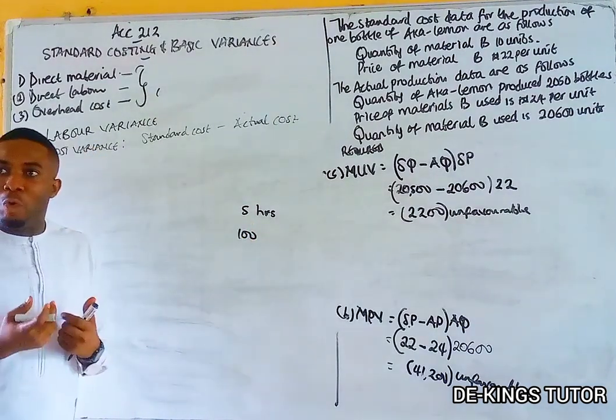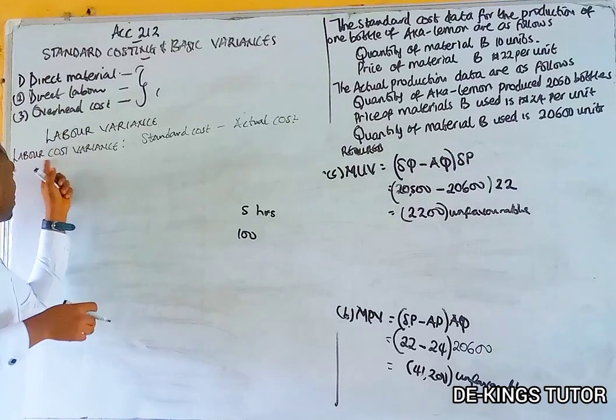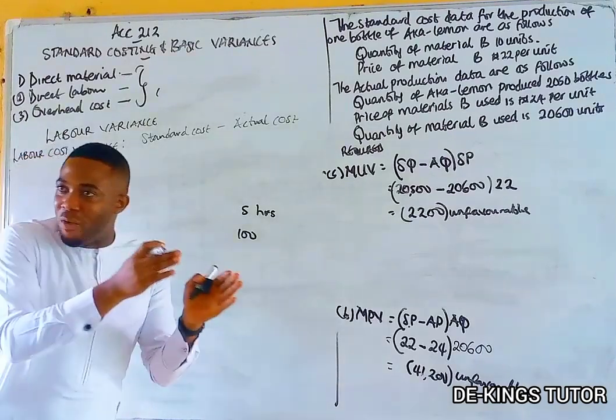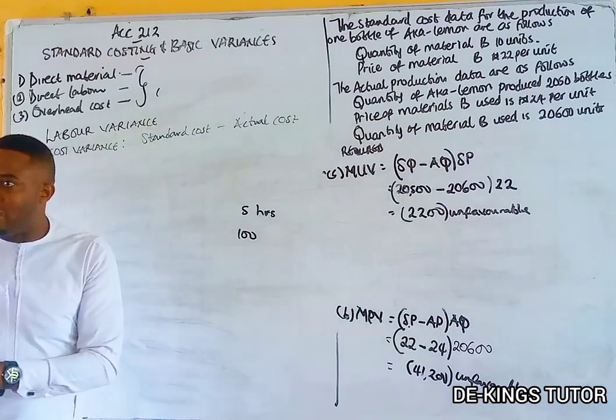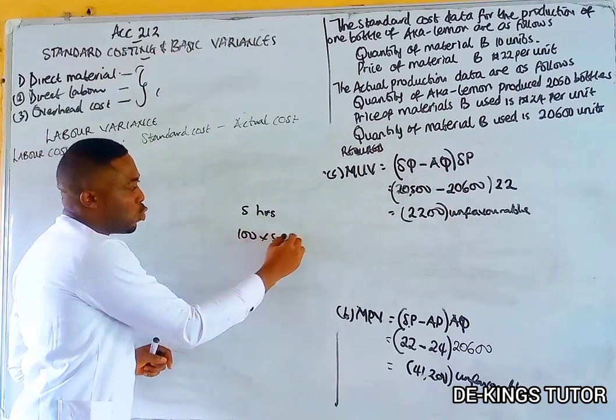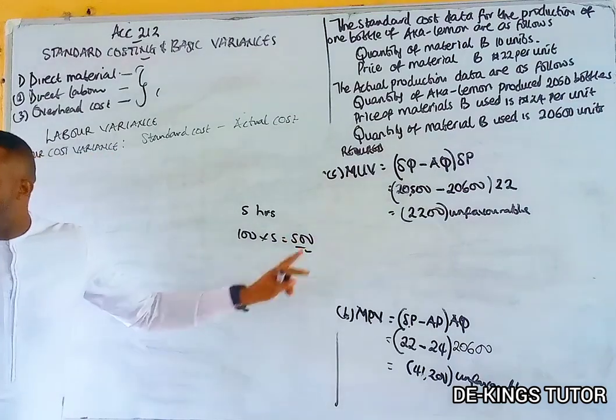For the company, what will now determine the labor cost? It is the hours the people have worked multiplied by what they are paying per hour. So it will now be 100 times 5, which is 500. So this will be the cost.